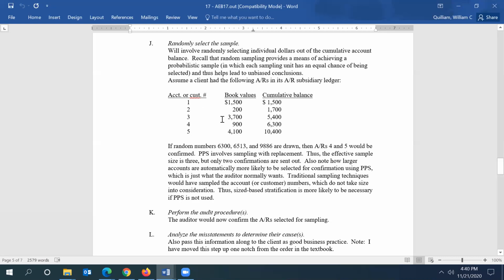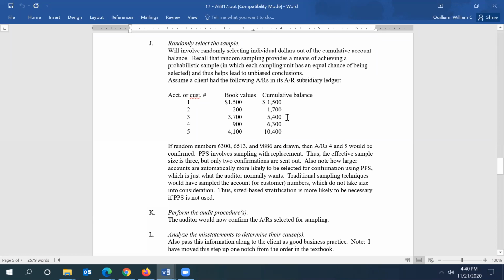So here are these 5 individual accounts receivable with their book values. Here's the cumulative balance. Keep adding them up. So account number 1, book value of $1,500. Cumulative balance is $1,500 so far. Account 2, $200. So the cumulative balance goes up by $200 to $1,700. Account 3, $3,700.